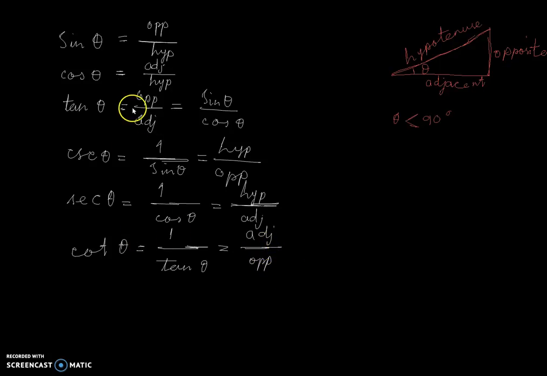So this way, if you have angle theta in this triangle, and for example they give you the value of sin theta as 1 by 2, and you have the value of the opposite side, then you can calculate the value of the hypotenuse using this relation.